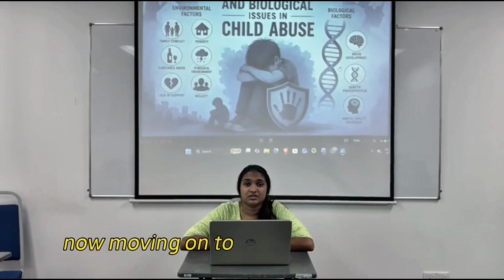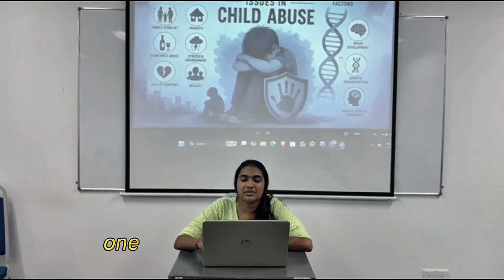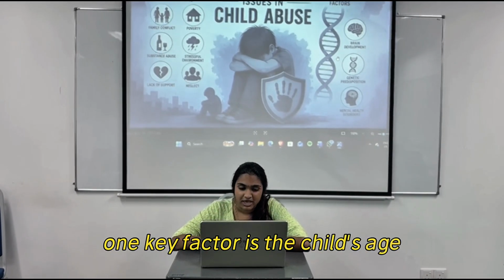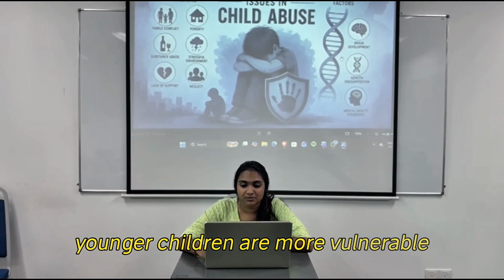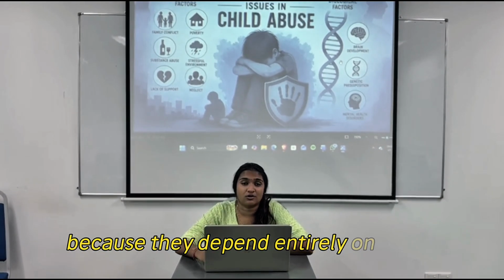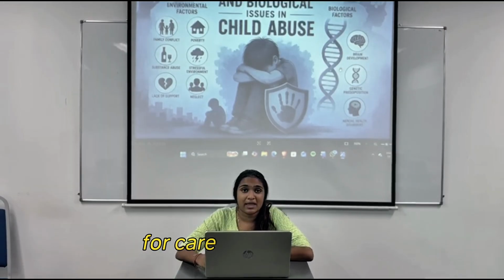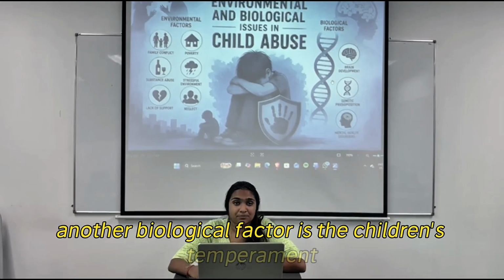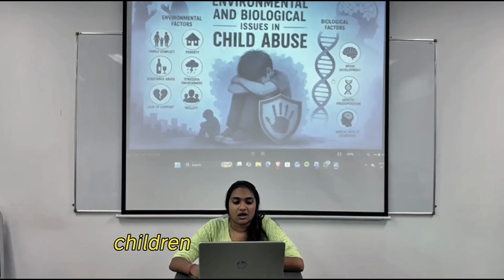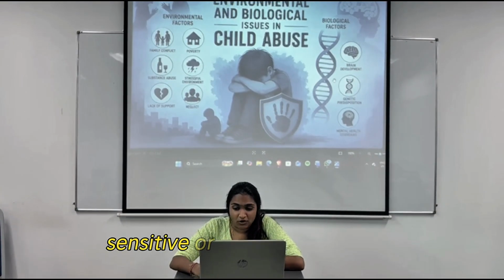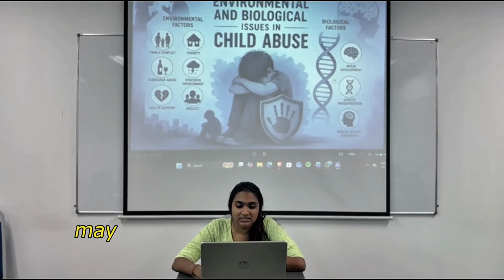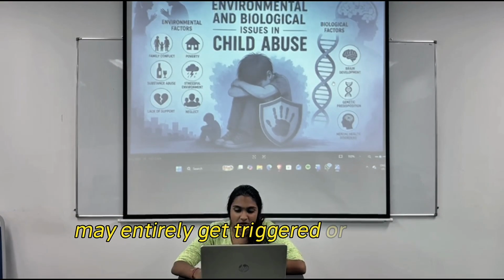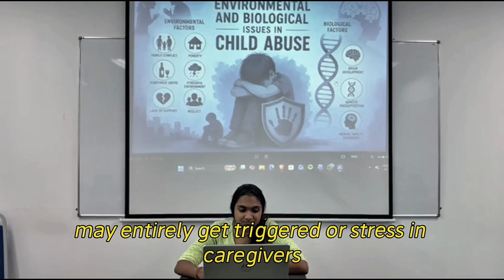Now moving on to the biological factors. One key factor is the child's age. Younger children are more vulnerable because they depend entirely on adults for care and protection. Another biological factor is the child's temperament. Children who are more active, sensitive, or difficult to manage may more easily trigger stress in caregivers.